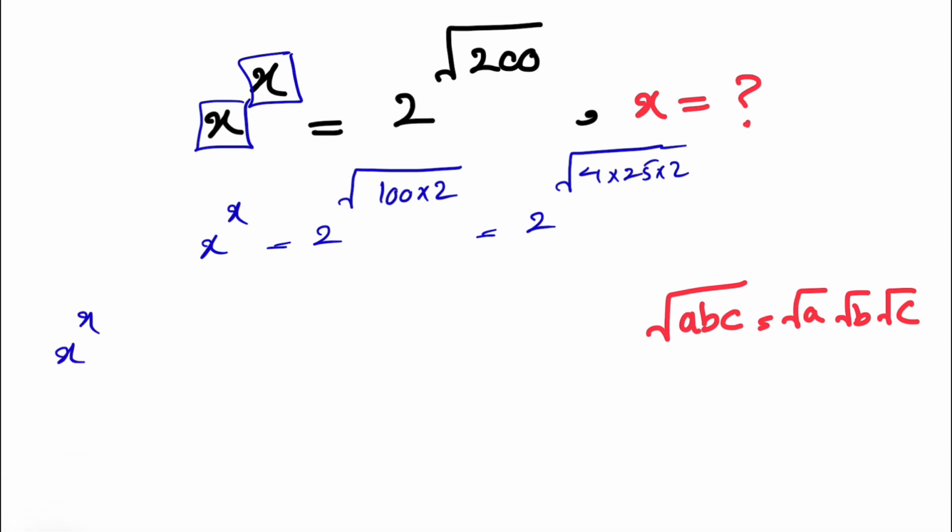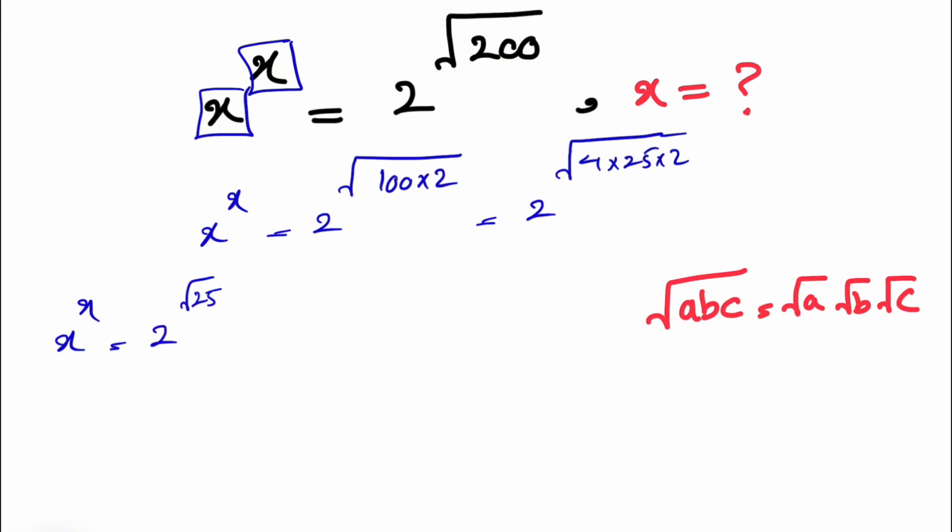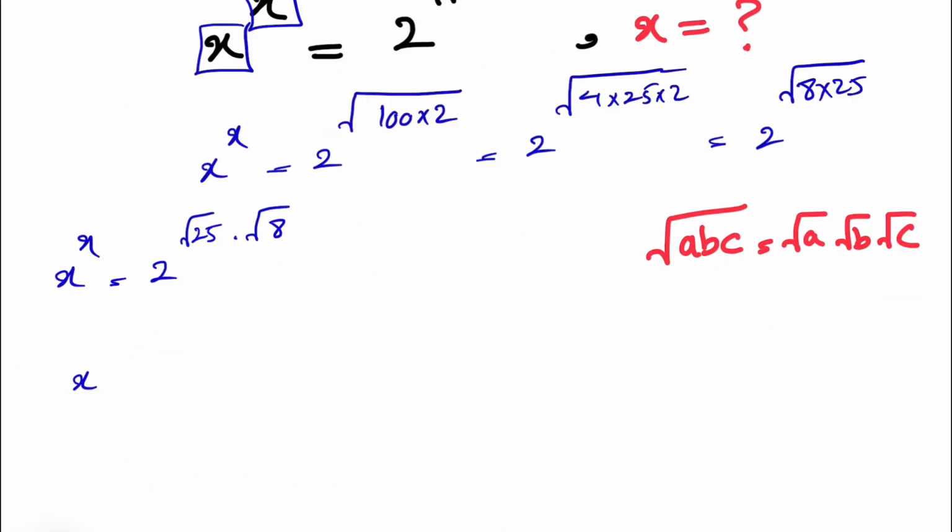So here we have x to the x is equal to 2 to the power square root of 25 times, and we can multiply 2 and 4, so actually we can write it down as 8 times 25, and we have x to the x is equal to 2 to the power square root of 25 times 8.